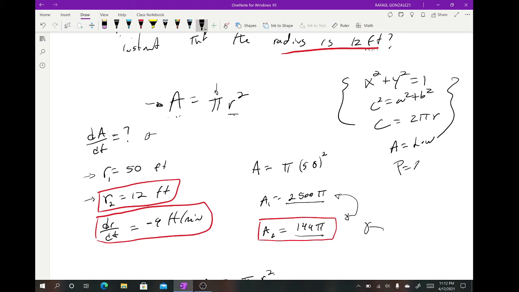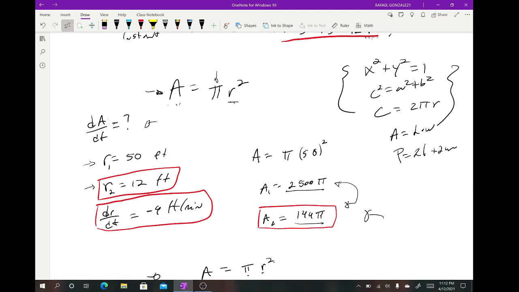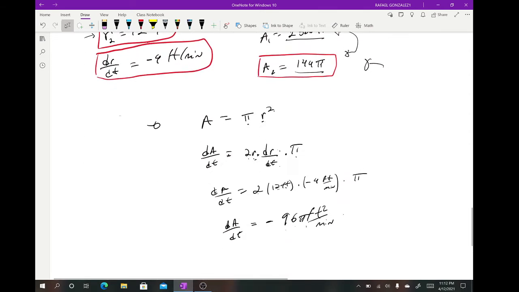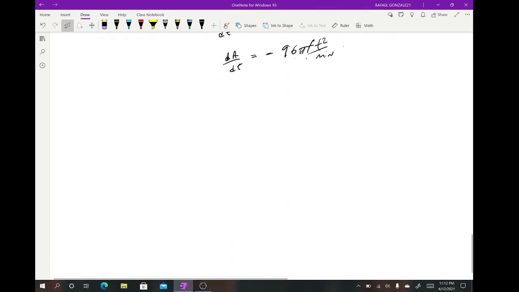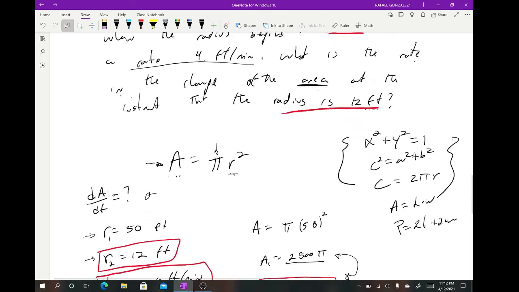The perimeter as well, 2 times L plus 2 times W. So these are all very popular and common equations that you definitely should remember from previous math courses that you've taken sometime in your life. This is problem number 4, I think.